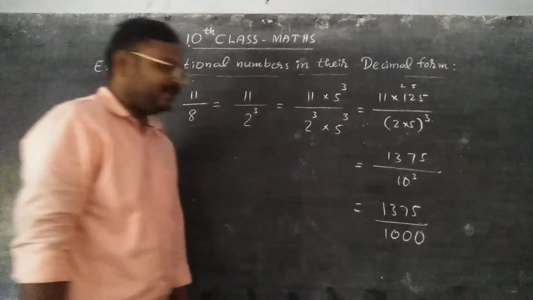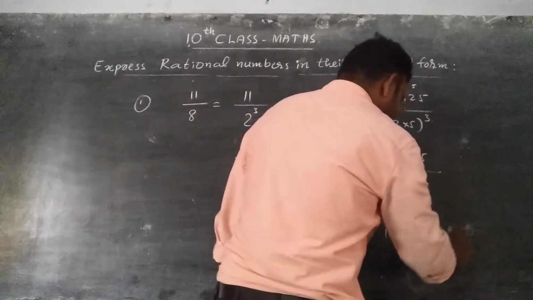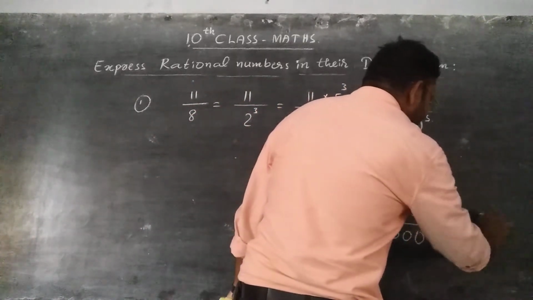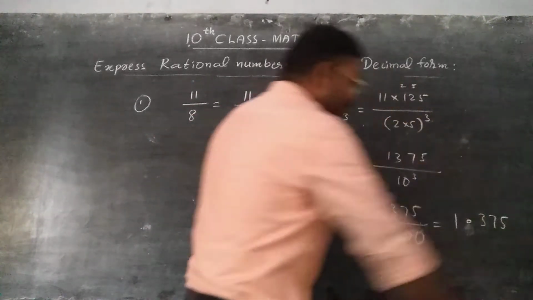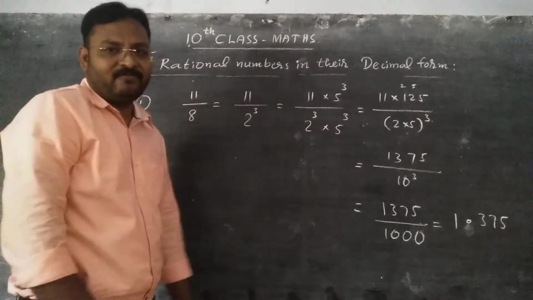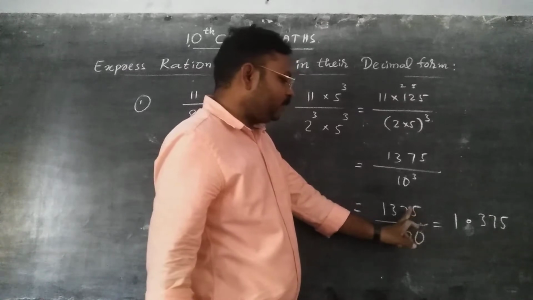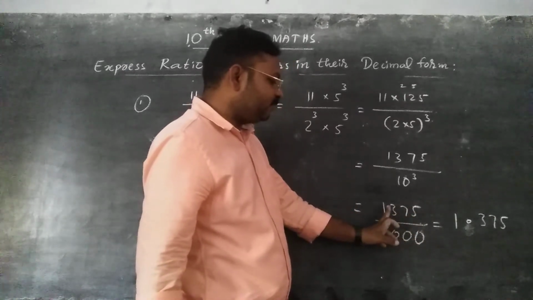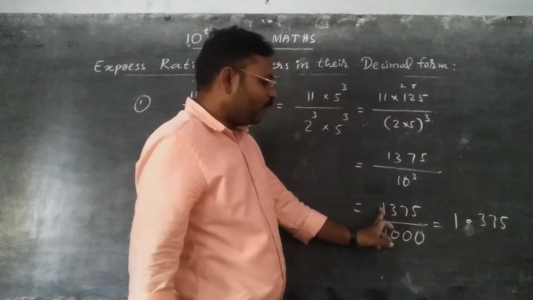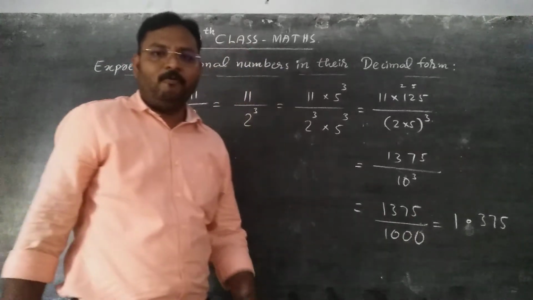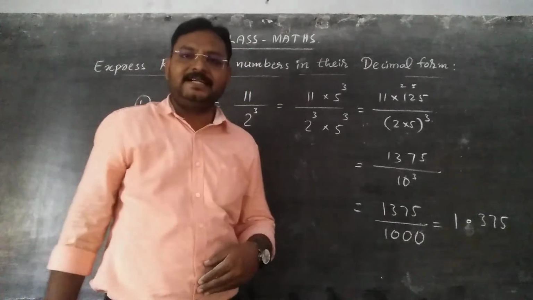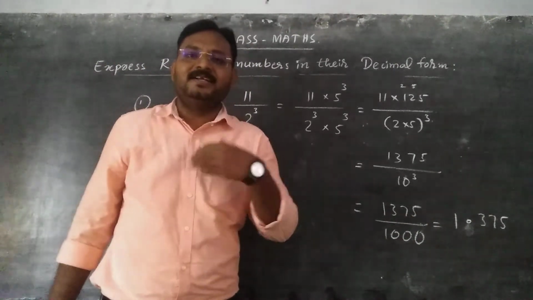Finally the decimal is 1.375. Why? Here we have 3 zeros, so 1, 2, 3, three steps after, keep a point here. 1.375 is a terminating decimal.